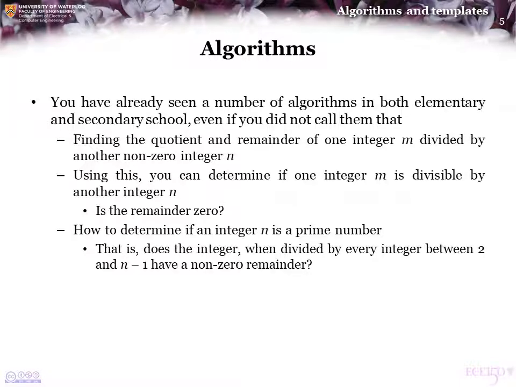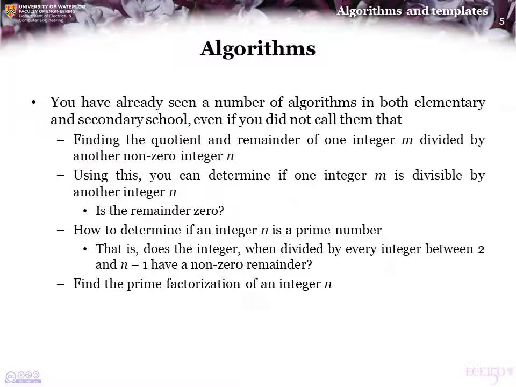You can determine if an integer n is prime. That is, does that particular integer, when divided by every integer between 2 and n minus 1, have a non-zero remainder? That's a little bit more work than just seeing if one integer is divisible by another. Now you have to check all of them.